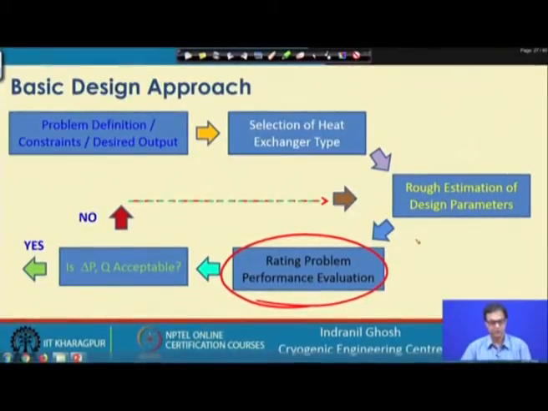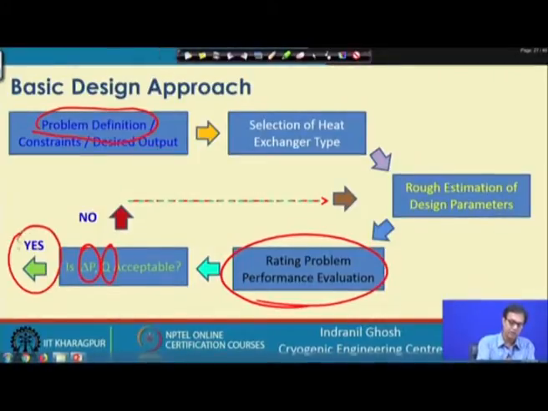If we find that the heat exchanger performance is acceptable, like the pressure, the heat load, etc. that we defined earlier in the problem definition, then accordingly we go for the mechanical design.